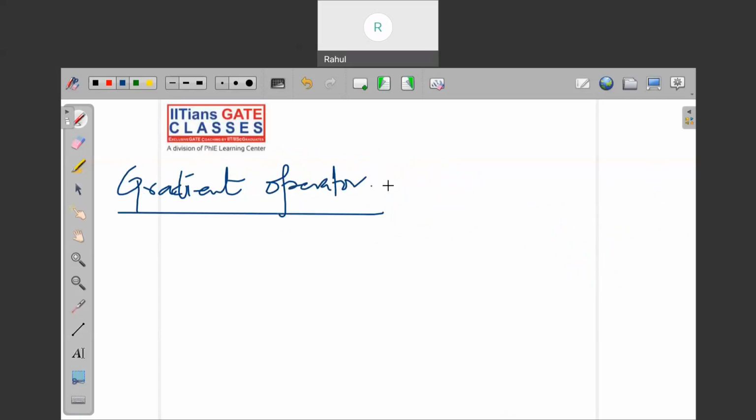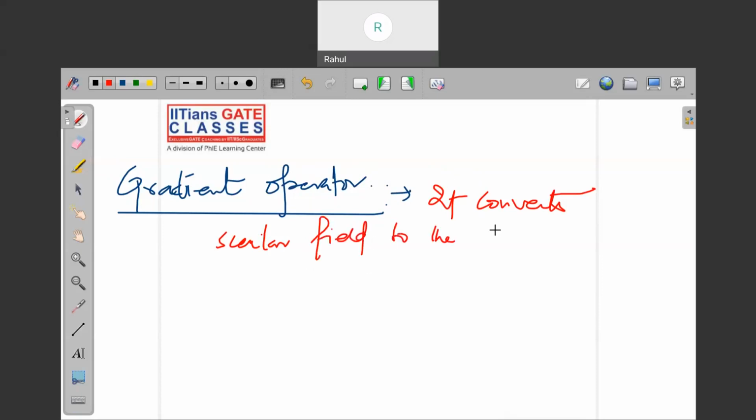What is the job of the gradient operator? It converts a scalar field to a vector field, right?